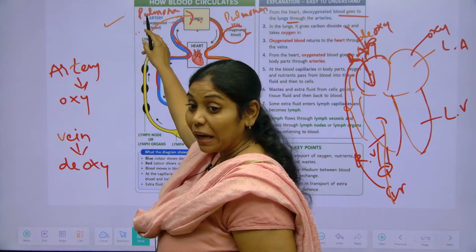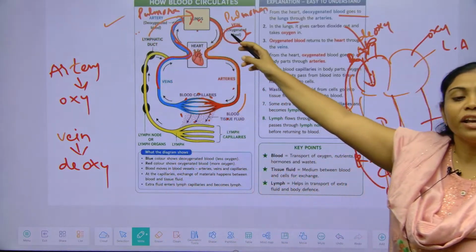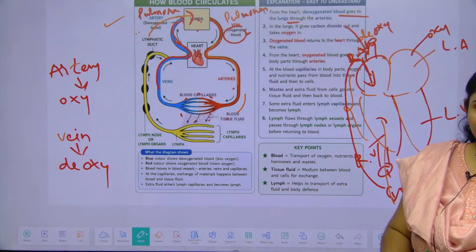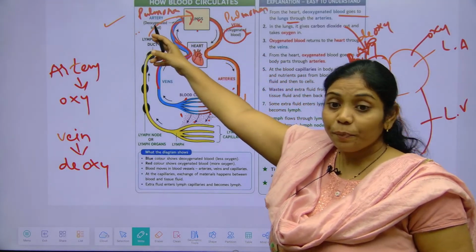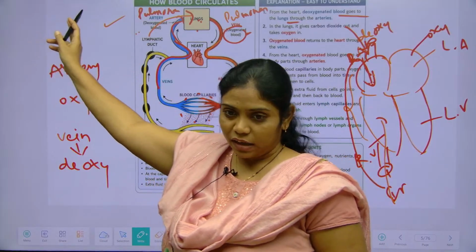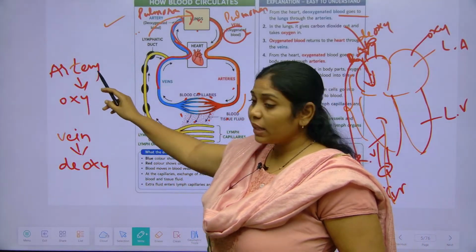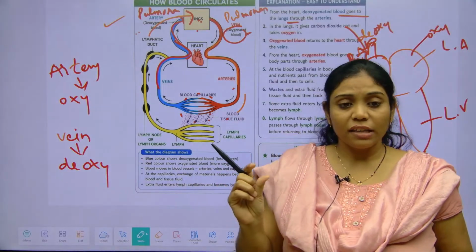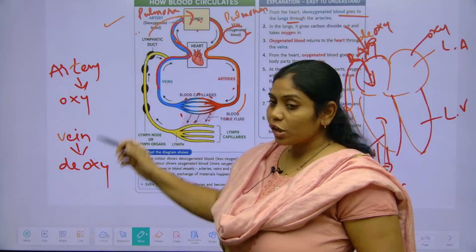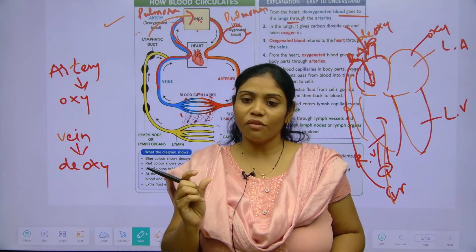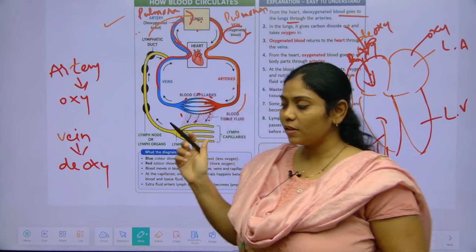So that's why the pulmonary artery is carrying deoxygenated blood. Is this clear? Oxygenated blood is present in the arteries, and the arteries are thicker. For transporting deoxygenated blood, there is no need for that thickness of blood vessel. That is the reason.